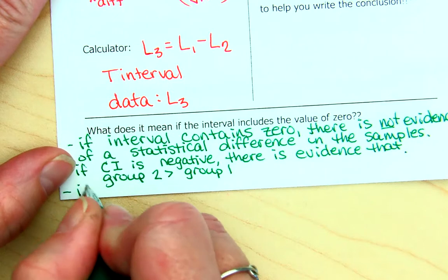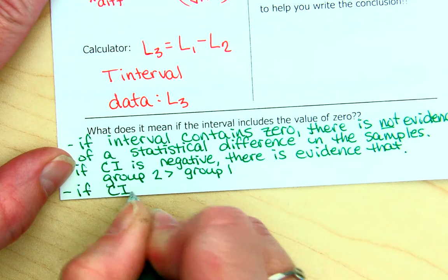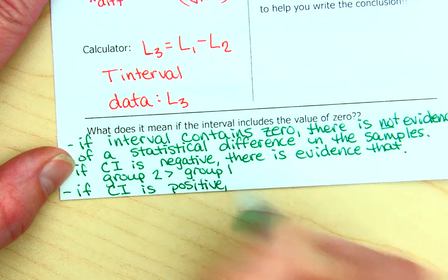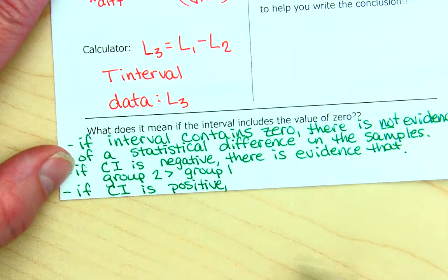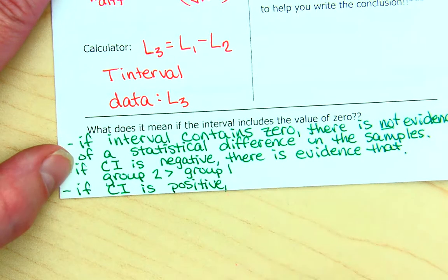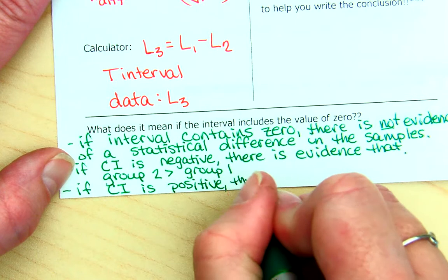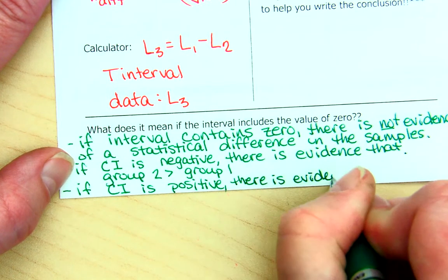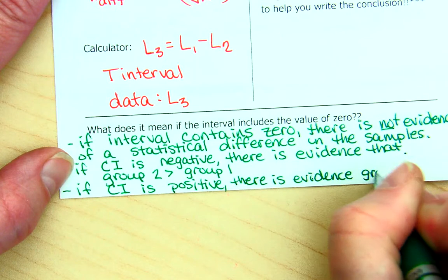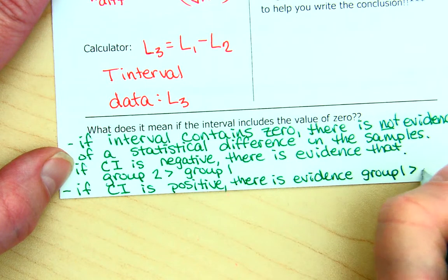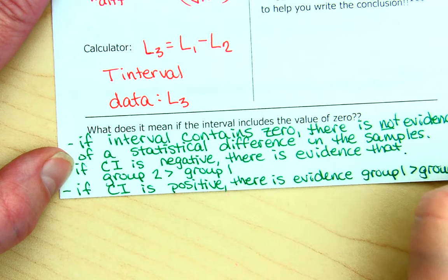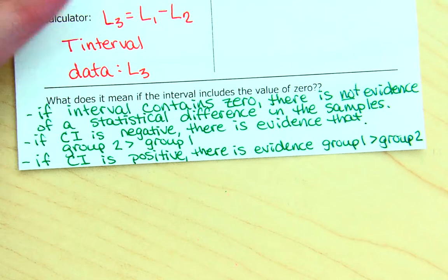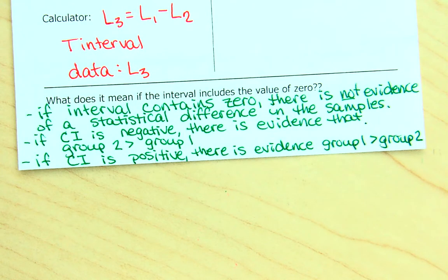And if the CI is positive, then we would have evidence of the opposite being true. That was a lot to squeeze in there.